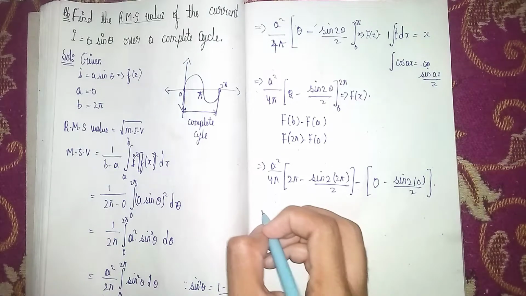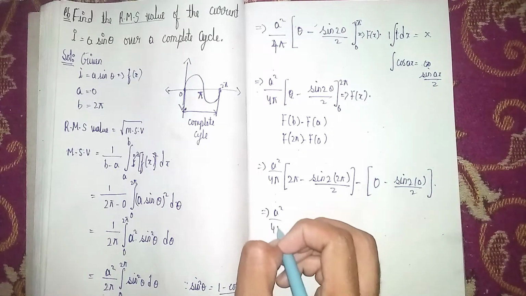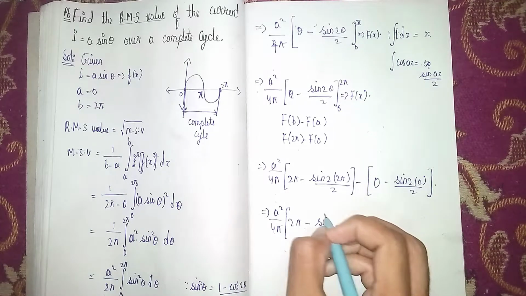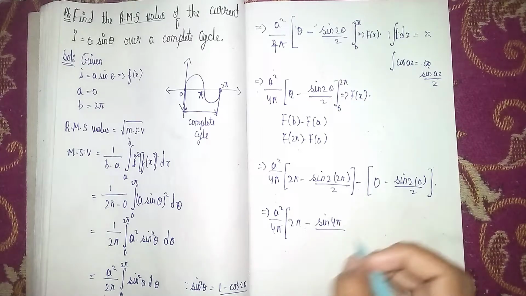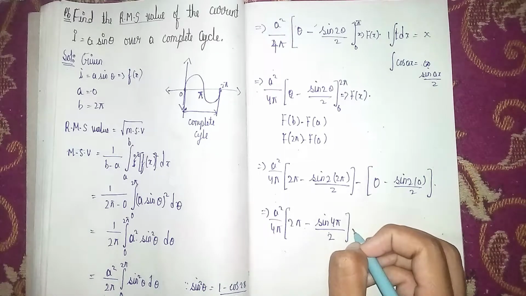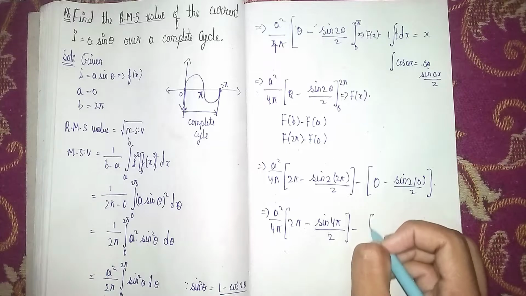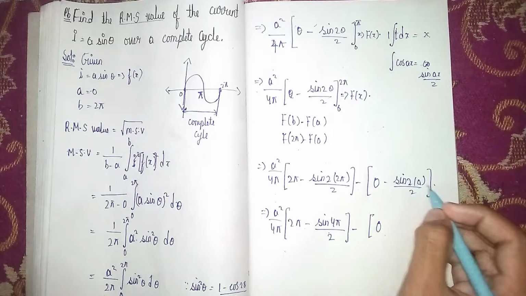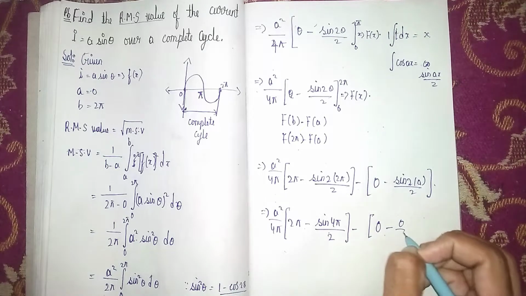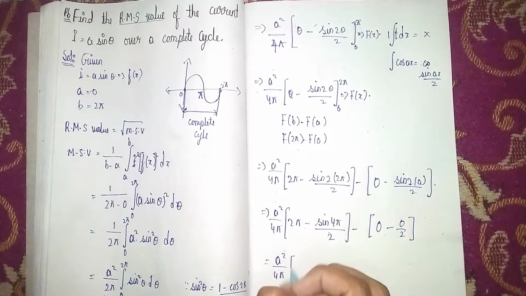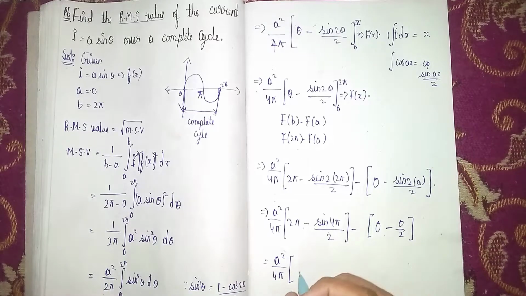Now A square by 4 pi times (2 pi minus sine 4 pi by 2) minus the 0 terms. Sine 2 into 0 is sine 0, which is 0.